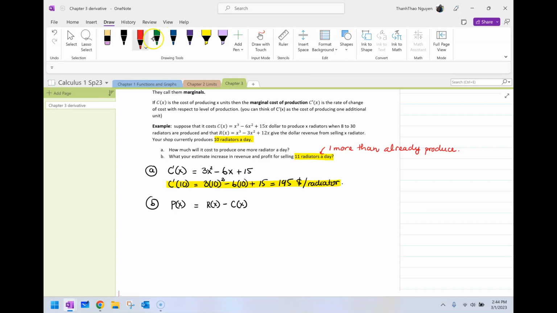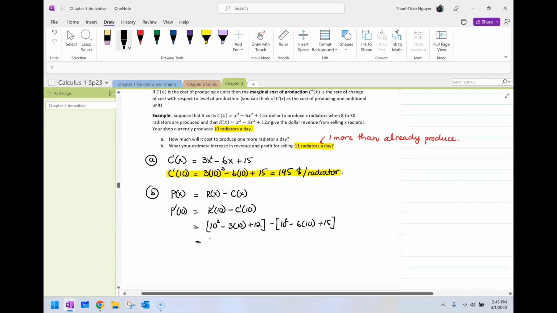Okay. This means we want to find P prime of 10, which is equal to R prime of 10 minus C prime of 10, and that is 3 times 10 squared minus 6 times 10 plus 12, minus 3 times 10 squared minus 12 times 10 plus 15, and that is 57 per radiator.